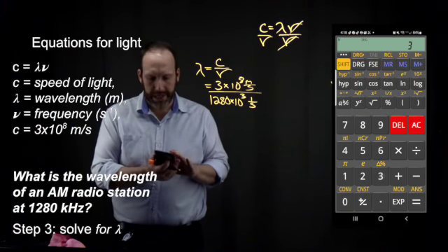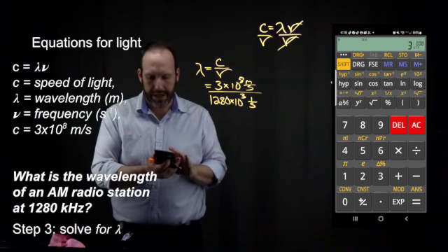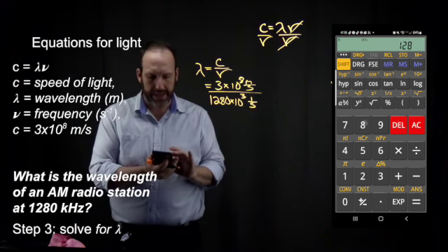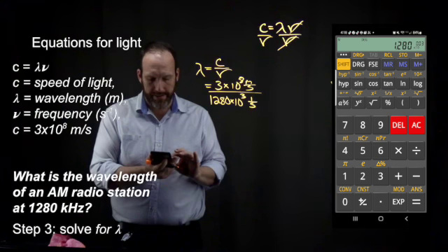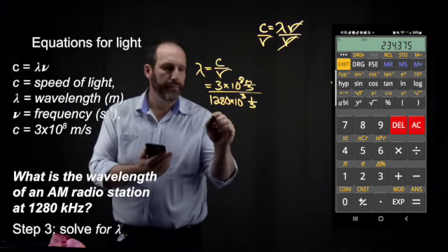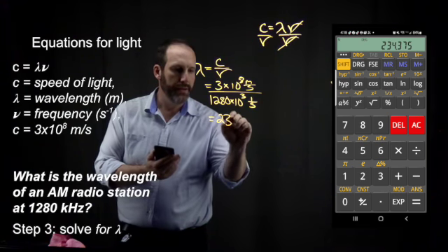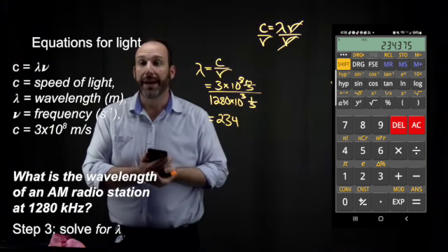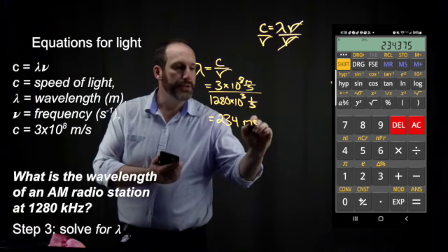So we've got 3 times 10 to the 8th divided by 1280 times 10 to the third. And what we get is 234, and I'm just going to round it to there, 234 meters.